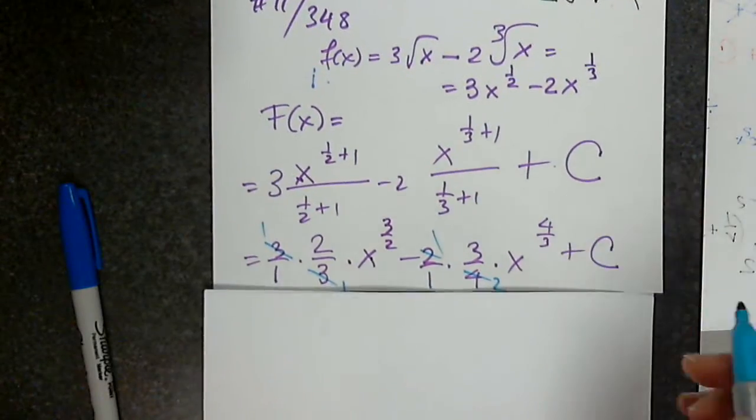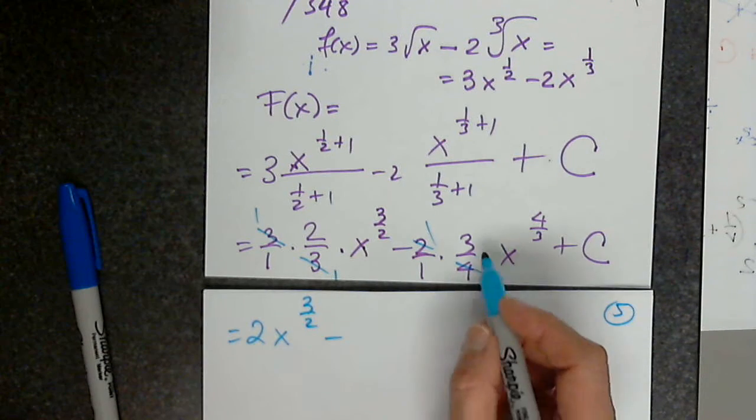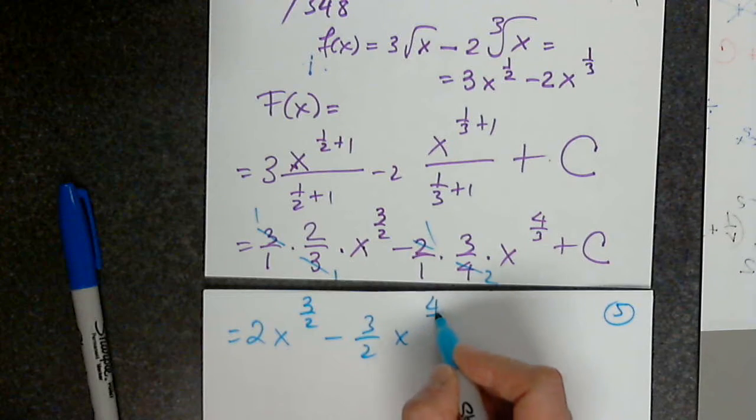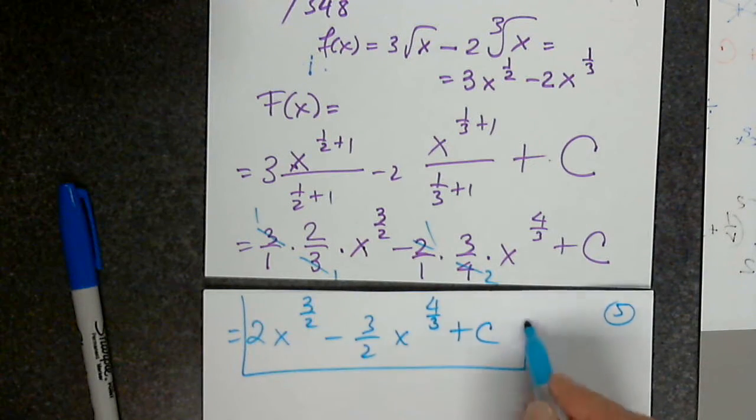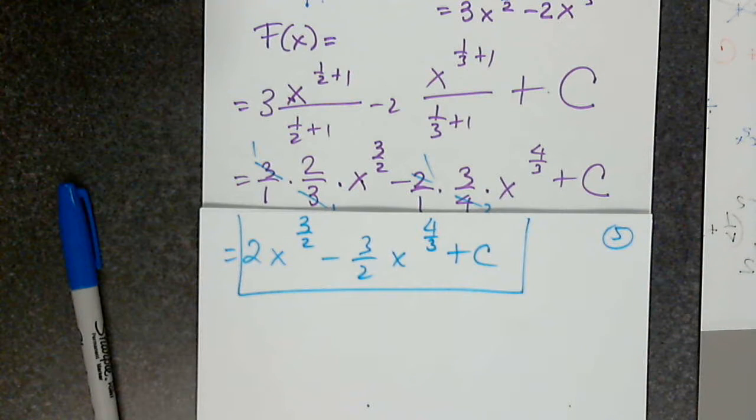So then the final simplified form is 2x to 3/2 minus 3/2 x to 4/3 plus a constant c. Any questions?